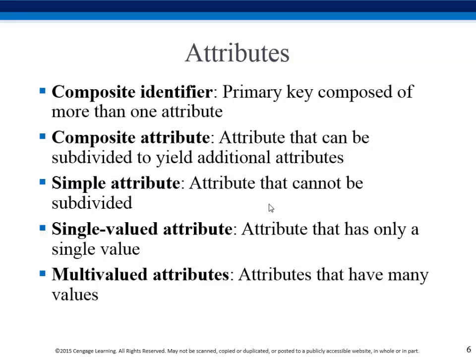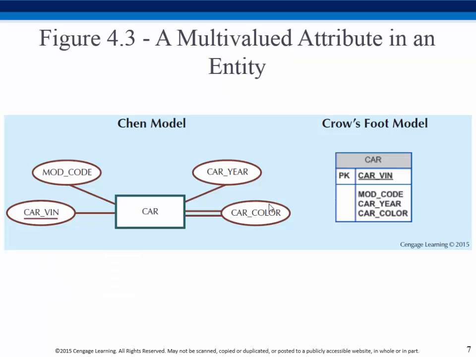Multi-valued attributes are attributes that can have many values. For instance, persons may have several college degrees, and a household may have several different phones or phone numbers. Here for multi-valued attributes, there's your diagram of how to implement that in Chen and in Crow's Foot.